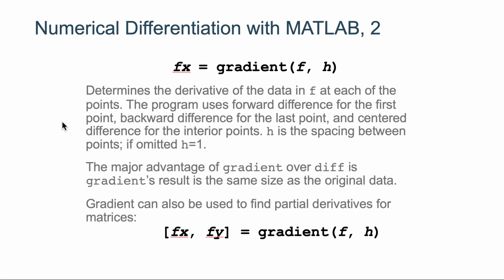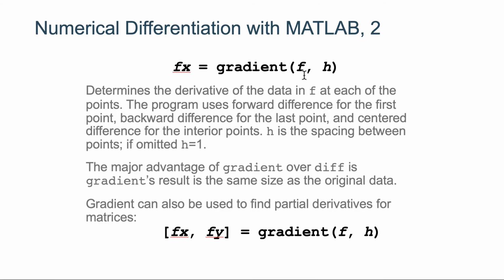If you have a two-dimensional function, right, we talked about the gradient just a couple of videos back, which is a vector of derivatives, right? The first element is the derivative of a function with respect to x. The second element of the vector is the derivative of the function with respect to y. That's called the gradient.